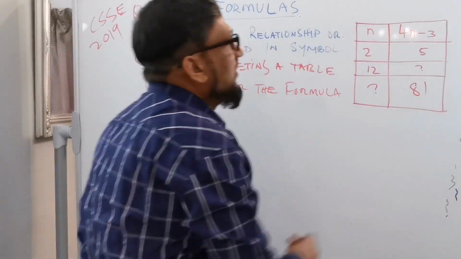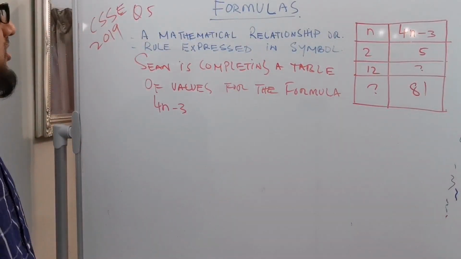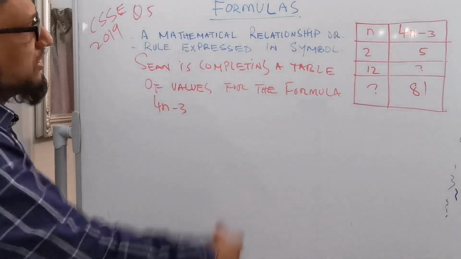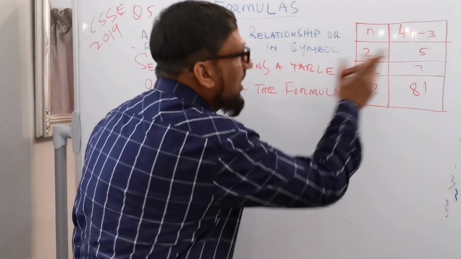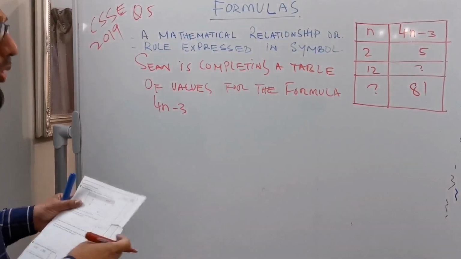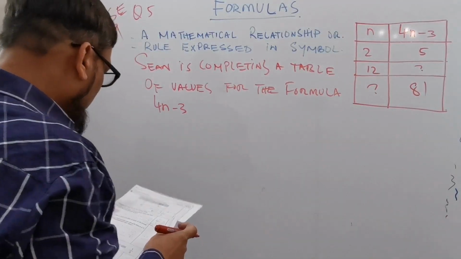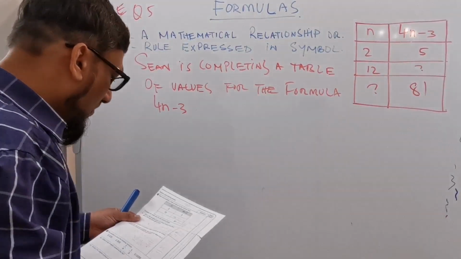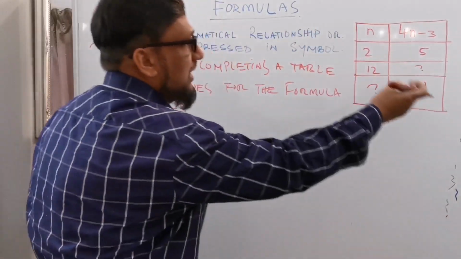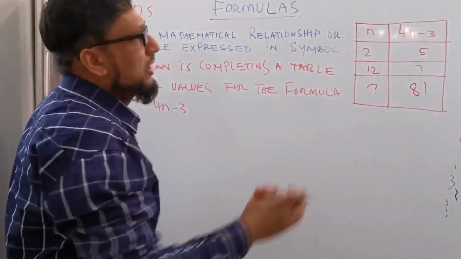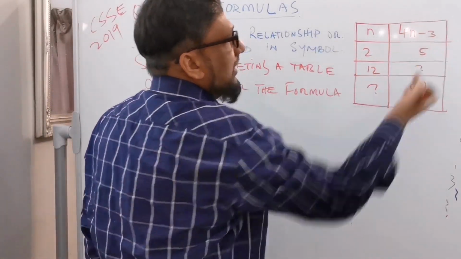So this is the table given in the exam. So Sean is completing a table of values for the formula 4n minus 3. We need to find the missing values and complete the table with the 2 missing values. So first we need to find the missing value. As you know, the formula is 4n minus 3.